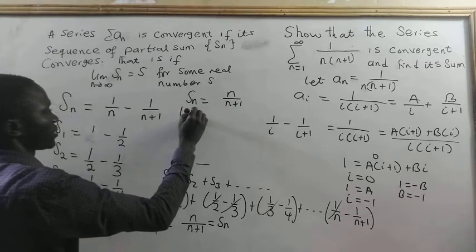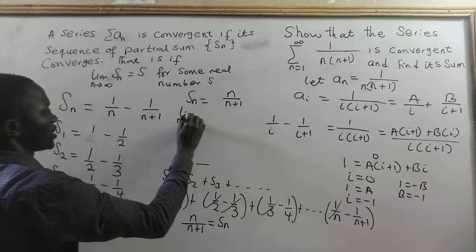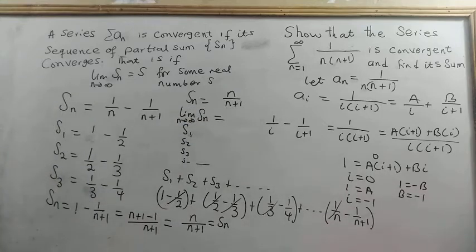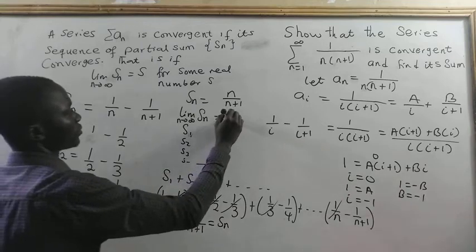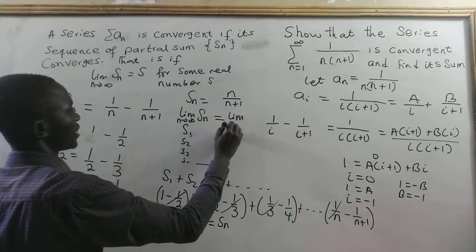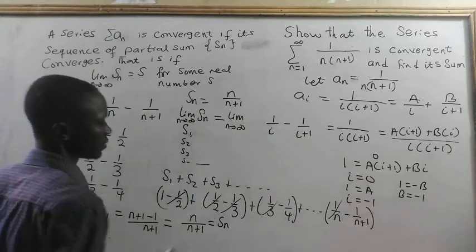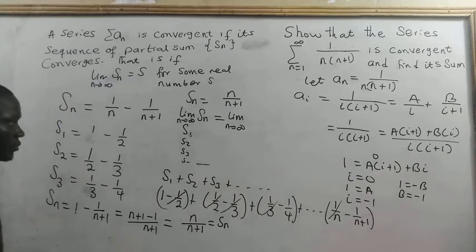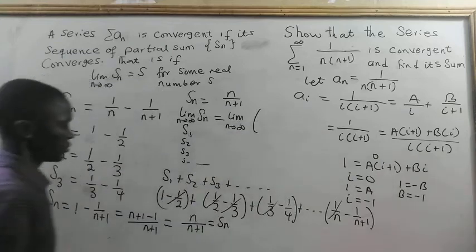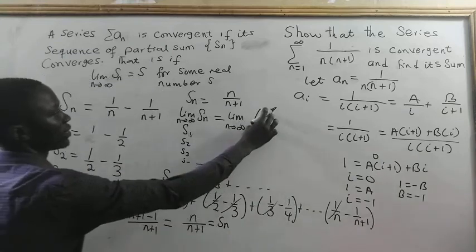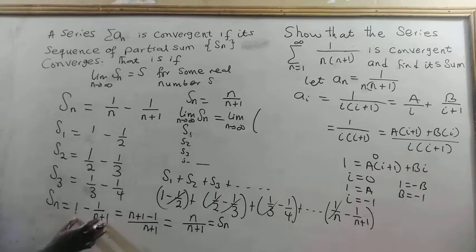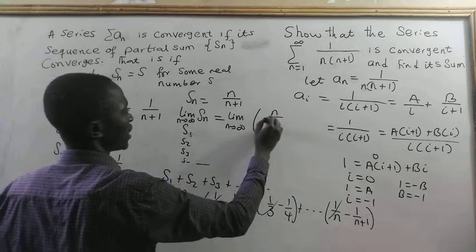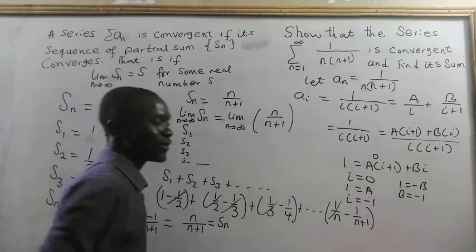So the limit as n approaches infinity of Sn is equal to the limit as n approaches infinity of n divided by n plus 1.